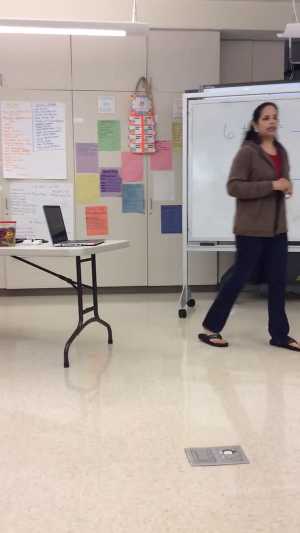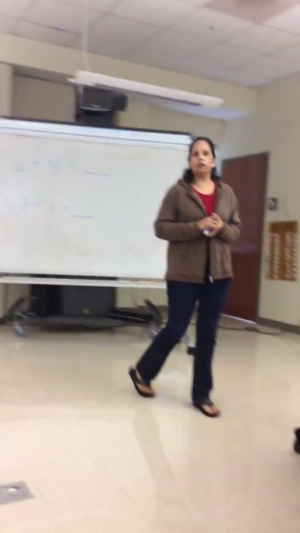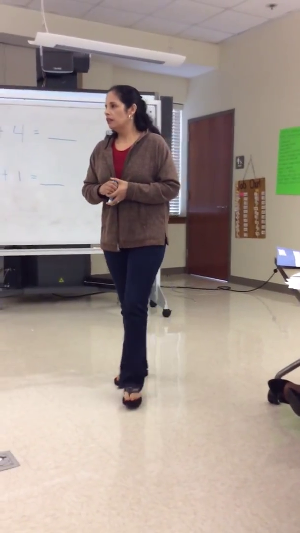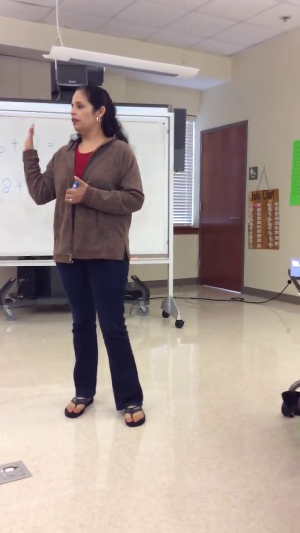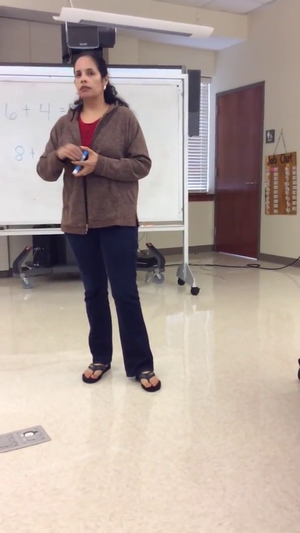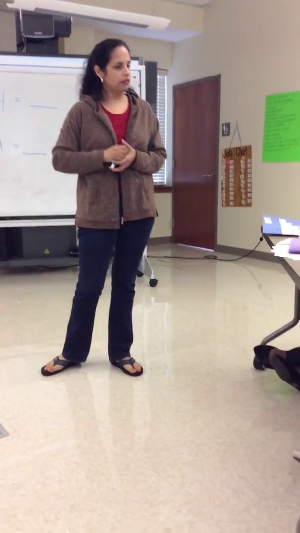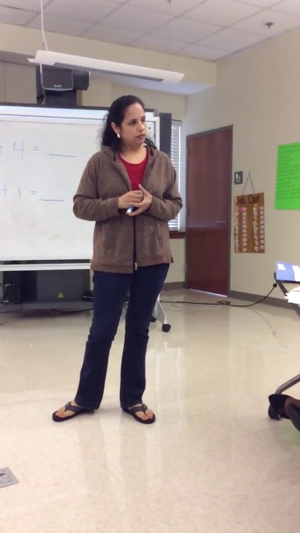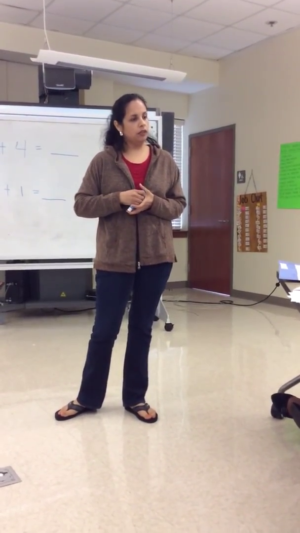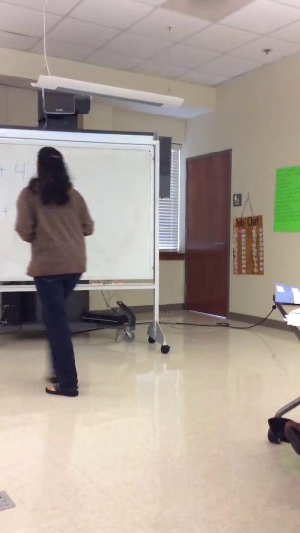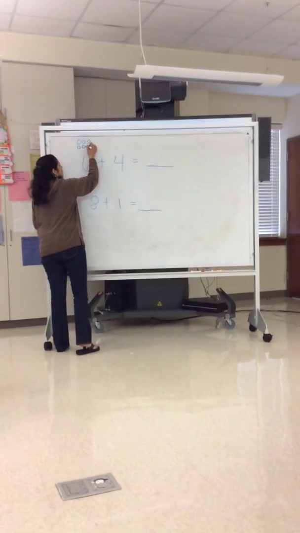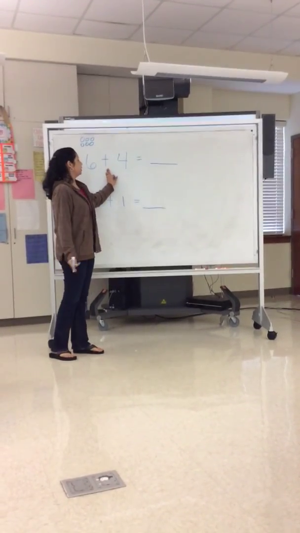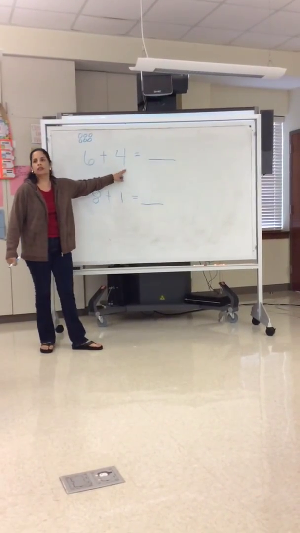What was the first thing, raise your hand, that we did to solve this equation? What was the first step you had to do for this equation? Draw 6 circles. Let's draw 6 circles for the first one. That's right. Okay, and then after the addition sign, how many circles did we have to draw?